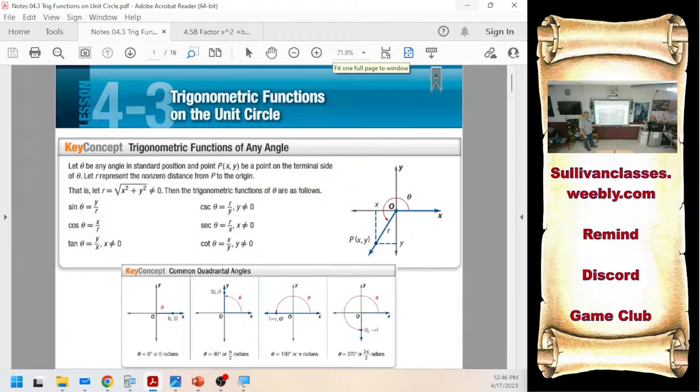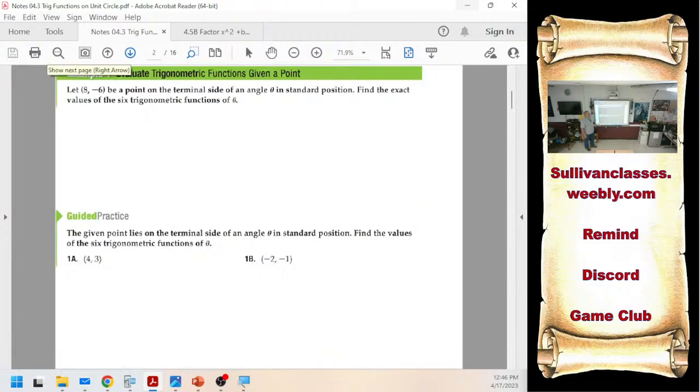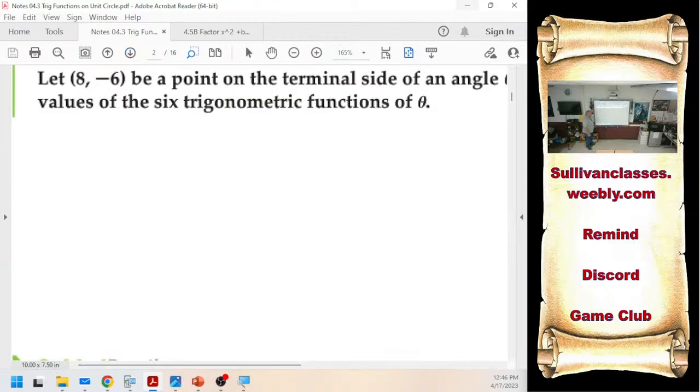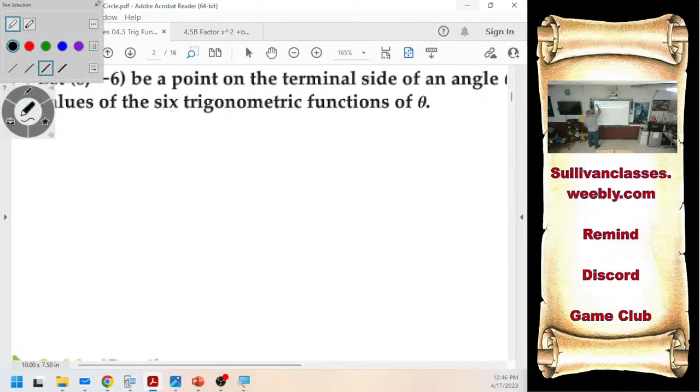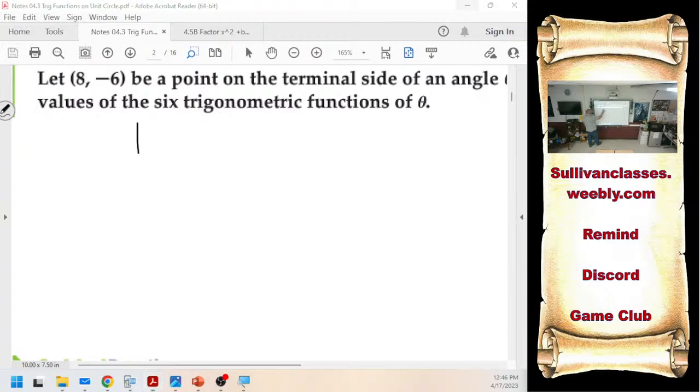I'll come back to this after doing the first part. So they give you a coordinate. They say it's on the terminal side of a standard angle. Go find all of its trig ratios. So first up, you tell me, SOHCAHTOA, and what did you call it?